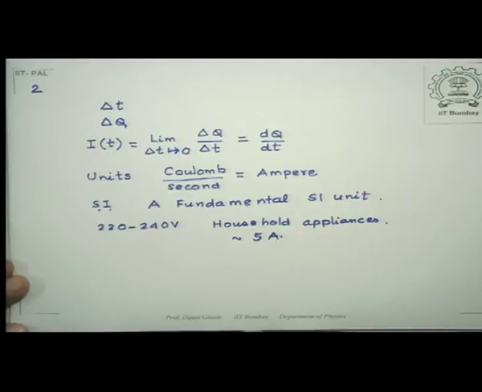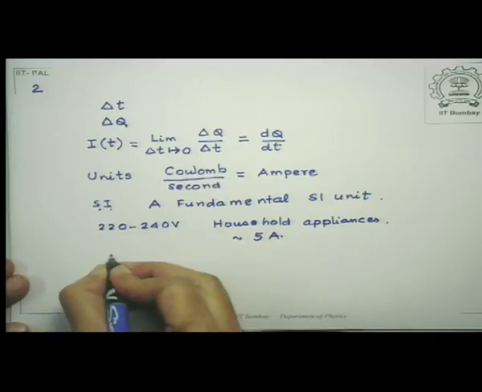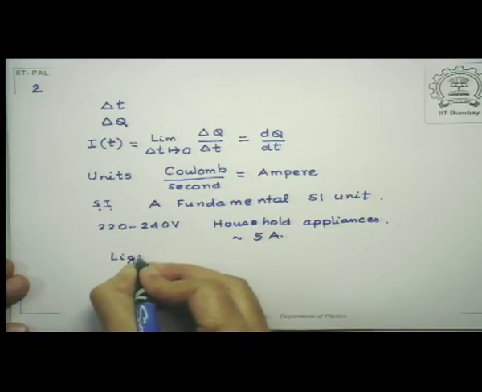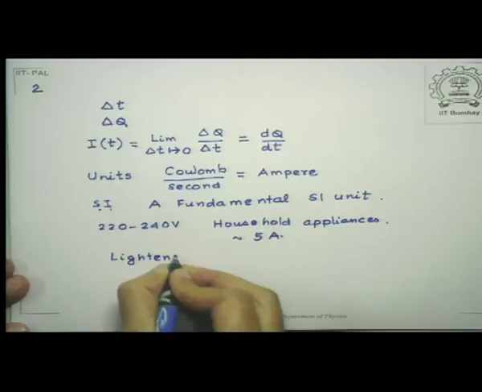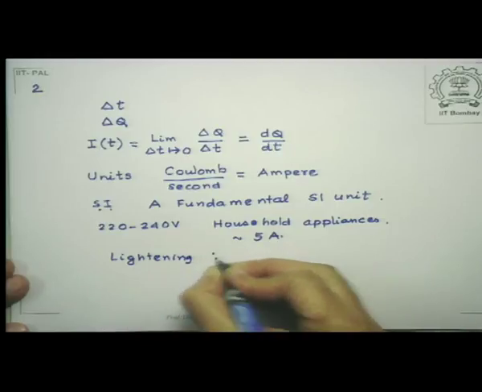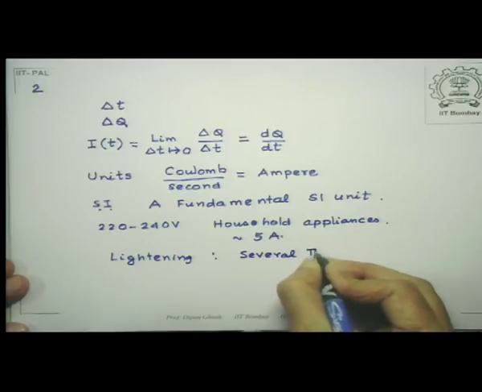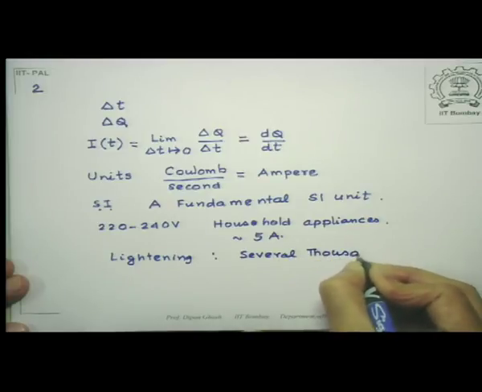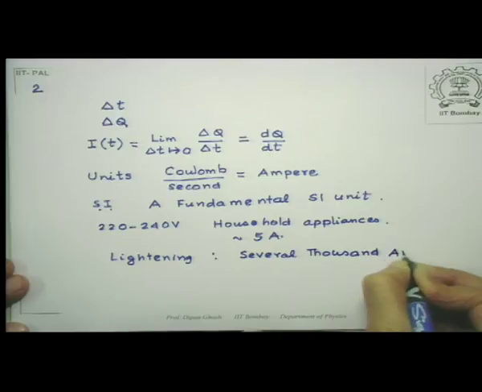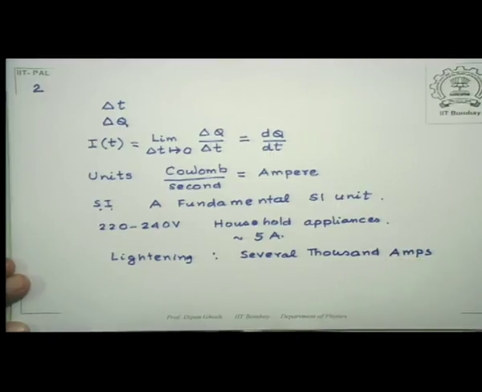If you want to compare this with, for instance, the strength of the current that takes place in a lightning, this could be typically several thousand amperes. Aurora borealis that we talked about could also go to millions of amperes.